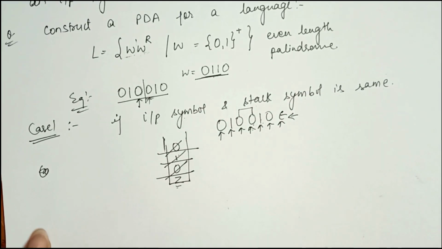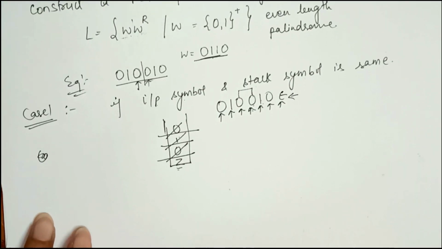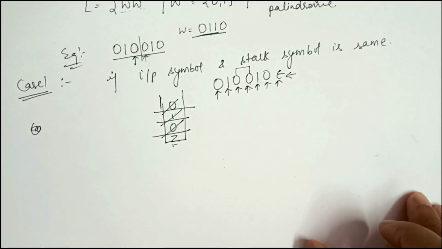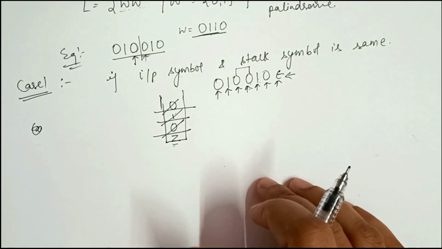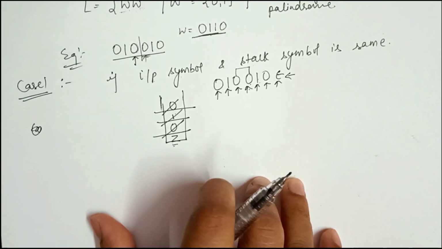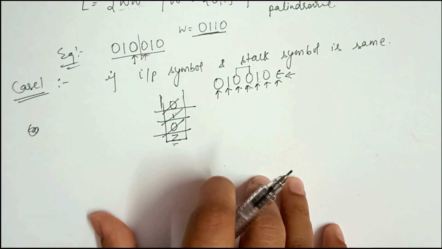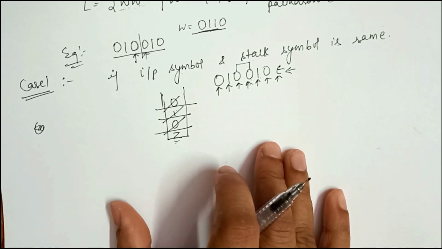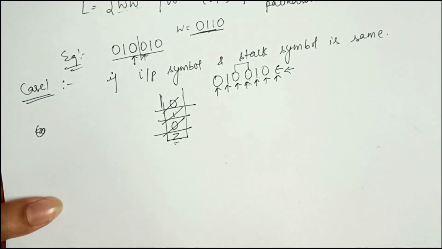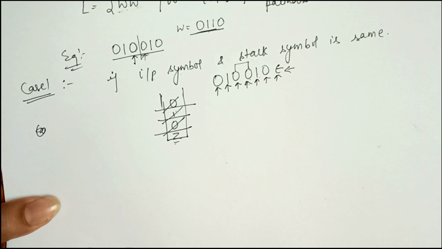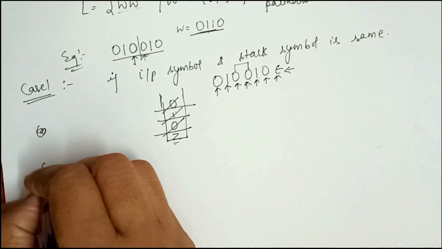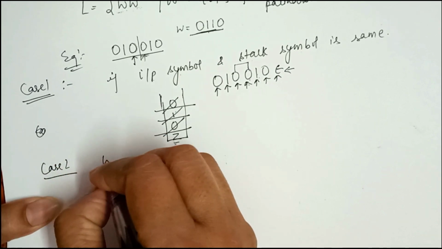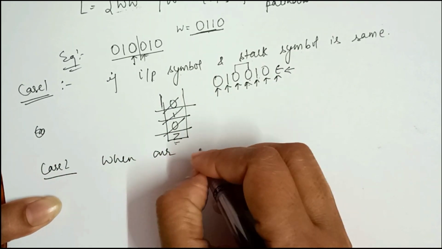So case 1 means that if the input symbol and the stack symbol are the same, we may guess that this is the middle part, where the reverse of the string starts. And in case 2, our guess is wrong.